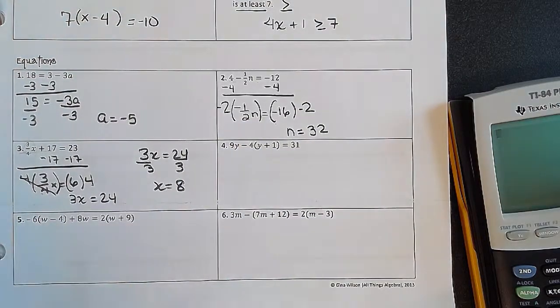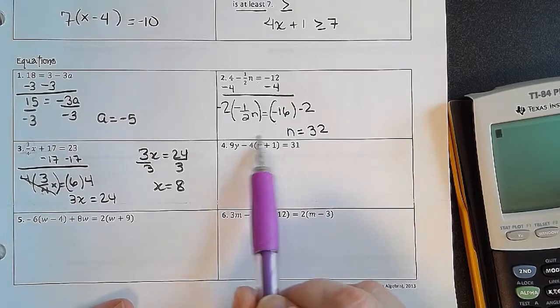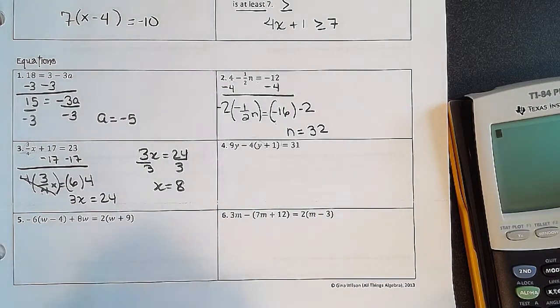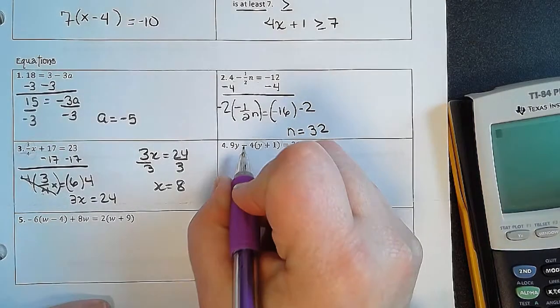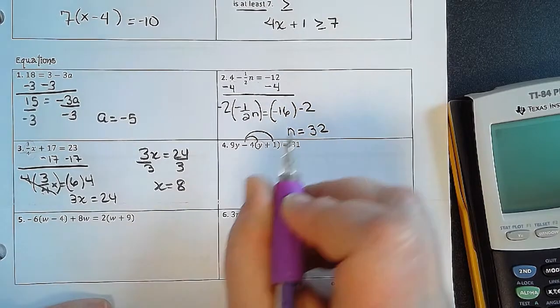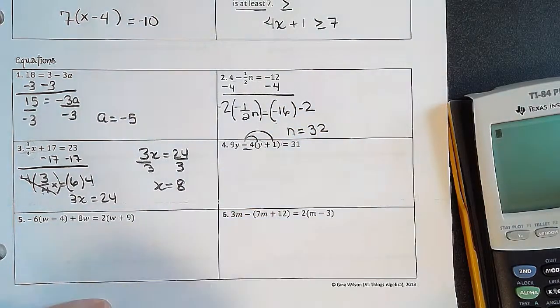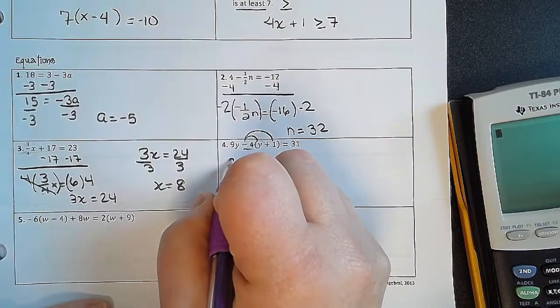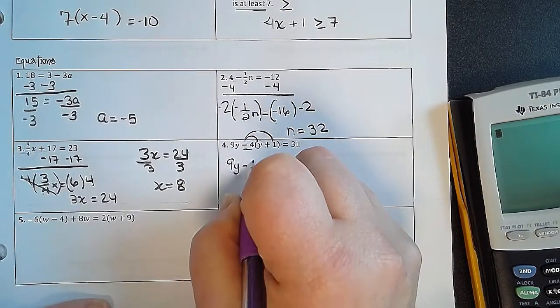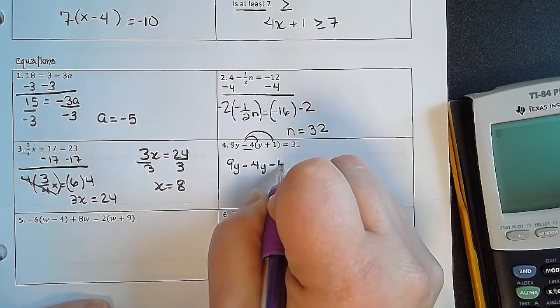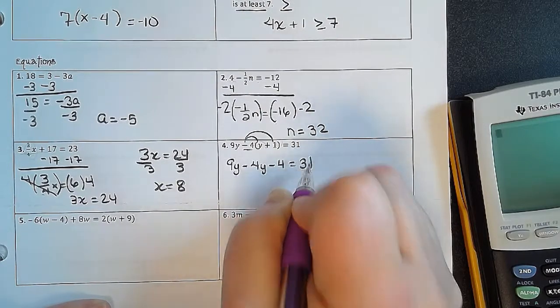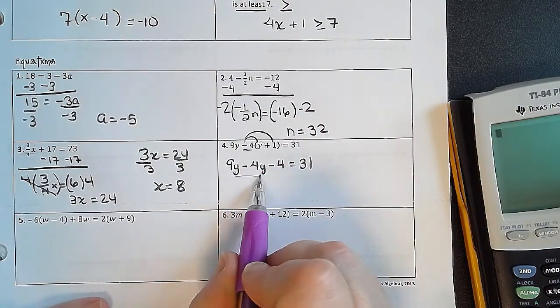Okay? I always tell my students, whenever you see parentheses in an equation and you're solving for a variable, you need to distribute first. So I'm going to distribute the negative 4 first. Please make sure you remember that sign. So I get 9y minus 4y minus 4 is equal to 31. Then I'm going to combine like terms.